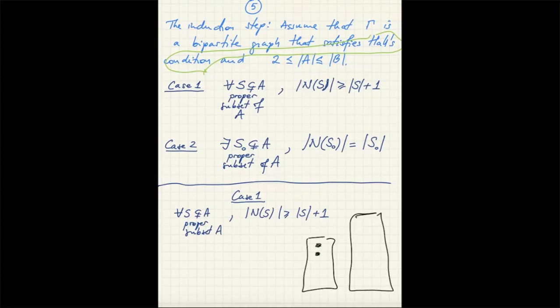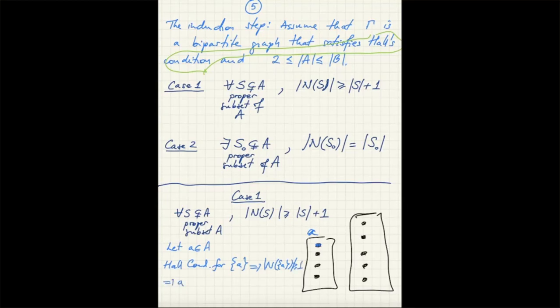We have our A. Let's pick a vertex A in A. By applying Hall's condition for the singleton A, that tells us that the neighborhood of A has cardinality at least 1.